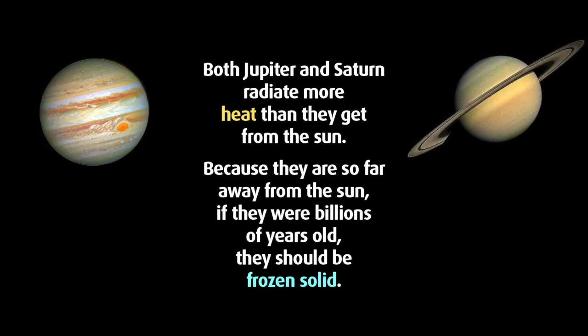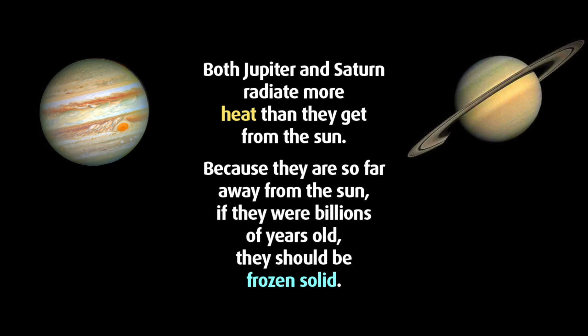It turns out both Jupiter and Saturn radiate more heat than they get from the sun. They're actually emitting more heat than they get from the sun. But because they're so far away from the sun, if they were billions of years old, they should be frozen solid. Think of this in a backwards sort of way.